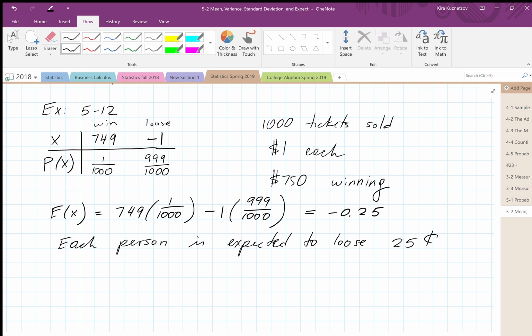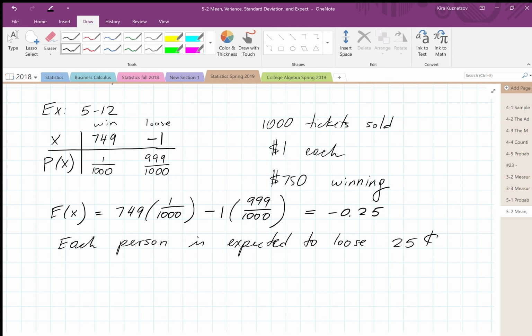He has collected $1,000, and then he goes and buys a TV set that's worth $750. So that's $250 that's in his pocket. And on average, that's about 25 cents per person. So for the person who conducts this game, this is a very good game.